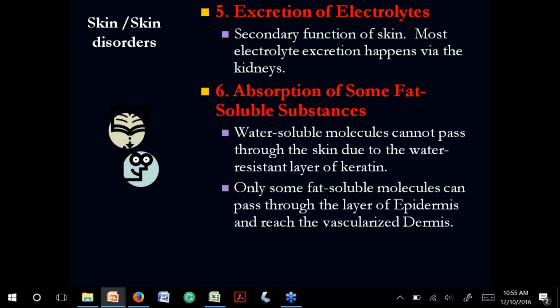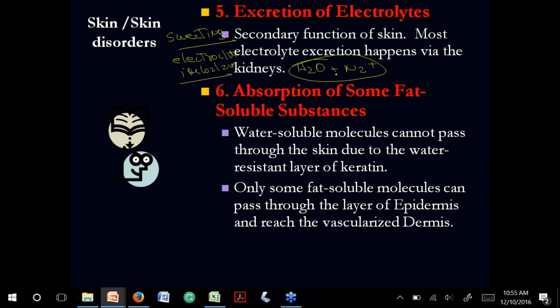We have excretion of electrolytes when you are sweating. You can have some electrolyte imbalance because of that. Why? Because when you are sweating, you are losing water and you are losing sodium.